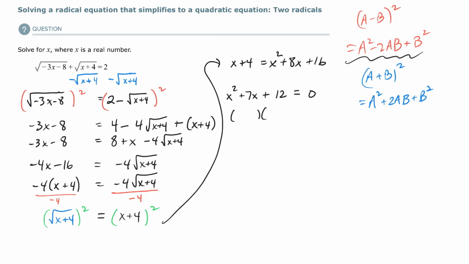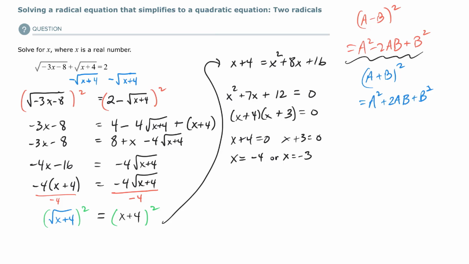This factors nicely. Always check your factoring. I've checked it. Now this says x plus 4 is equal to 0 or x plus 3 is equal to 0. x equals negative 4 or x equals negative 3.